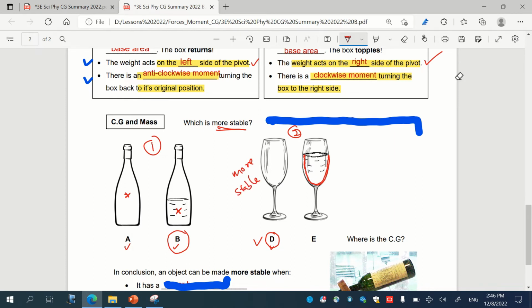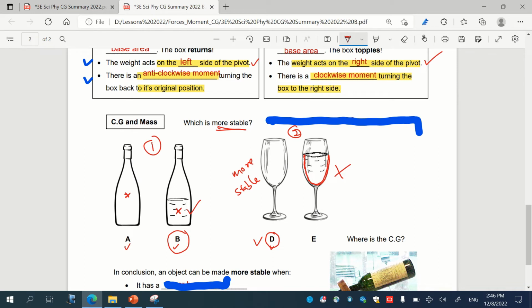Any reason why? When you look at scenario one, the one filled with water is more stable. But when you look at scenario two, the wine glass filled with liquid is less stable. Let's see.